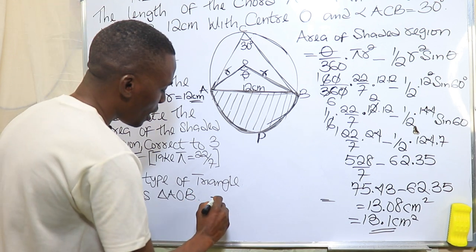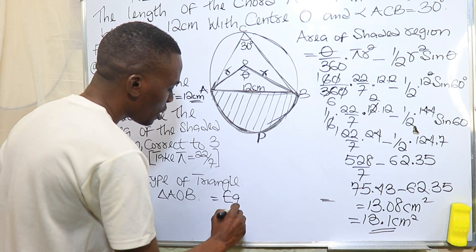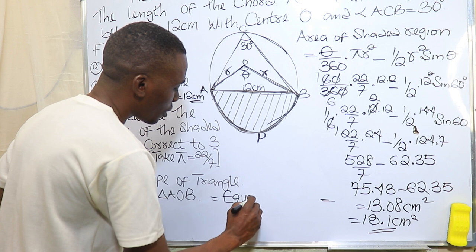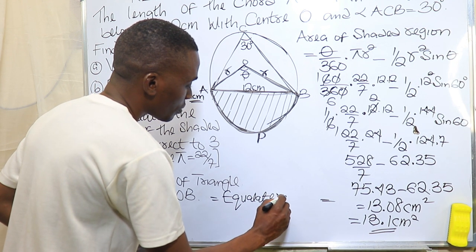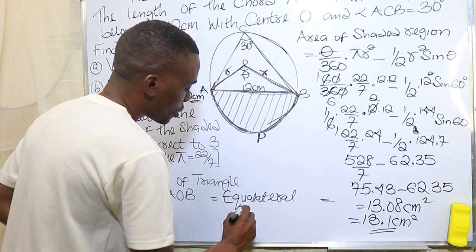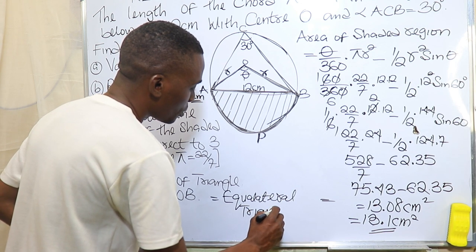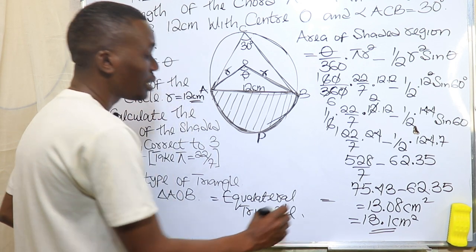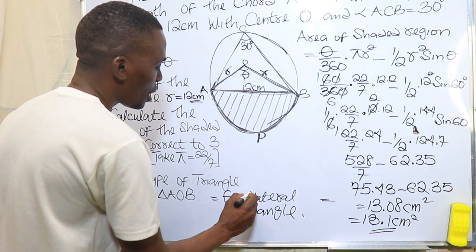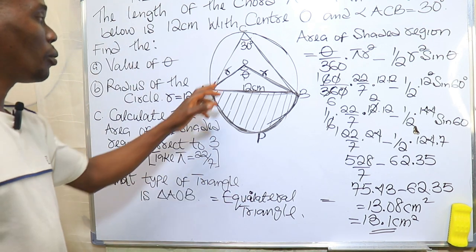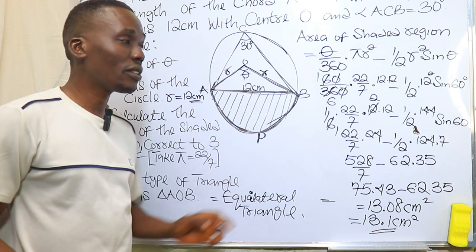That can only be an equilateral triangle. This is an equilateral triangle, because it has all three sides equal.